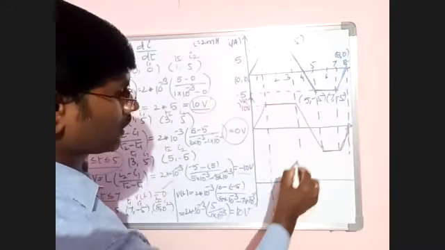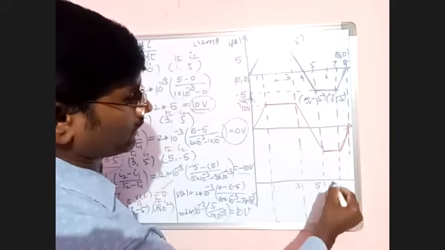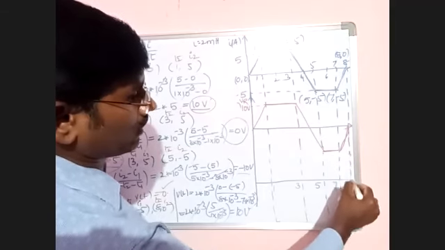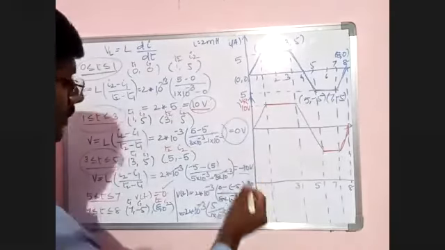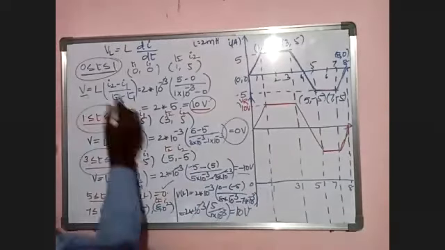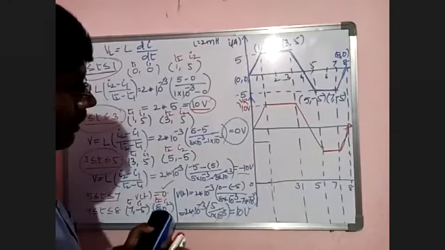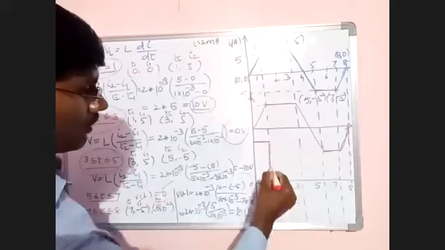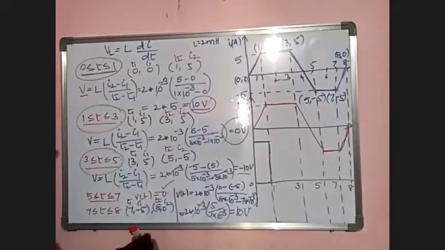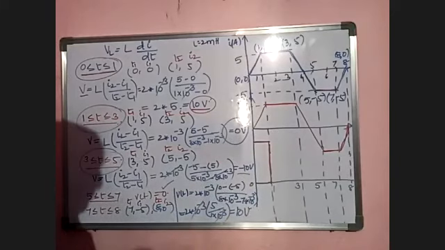This is 1, this is 3, and it is 5, it is 7, it is 8. From 0 to 1, it has positive 10 volts. And from 1 to 3, it has got 0. Okay?